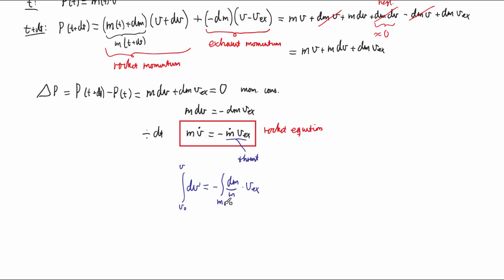We start out at some mass m0, and then that's decreased to a smaller mass m. Okay, and we add our primes in there to differentiate the integration variables. And when we solve that, we simply get, so this is the equation for the velocity.